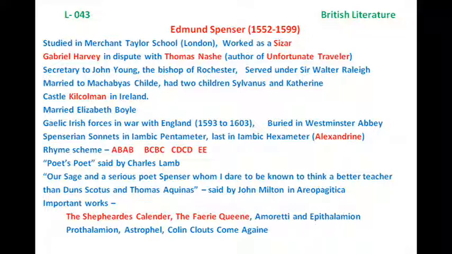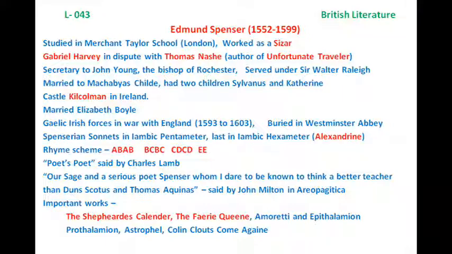So that's it about Edmund Spenser, his personal life, and the other literary things about his writings. We shall discuss all of his important works in great detail. In the next lesson, we shall study Shepherd's Calendar, and then it is expected that we shall study Fairy Queen as well in great detail, because that is a huge work.